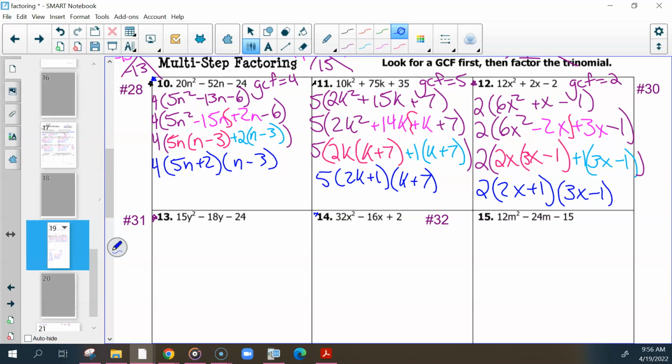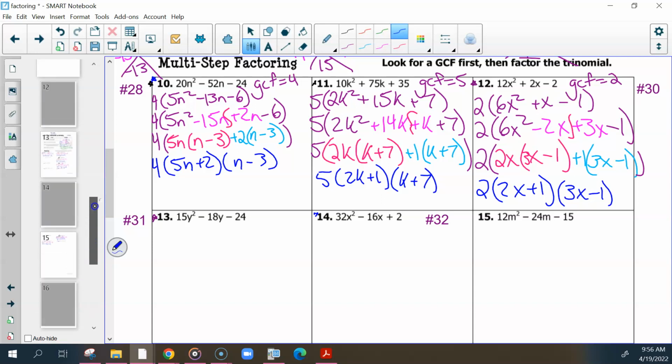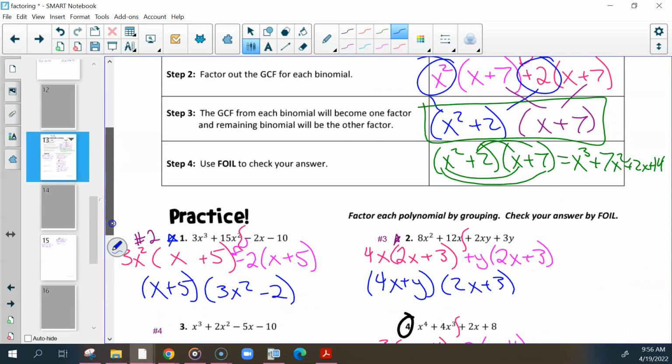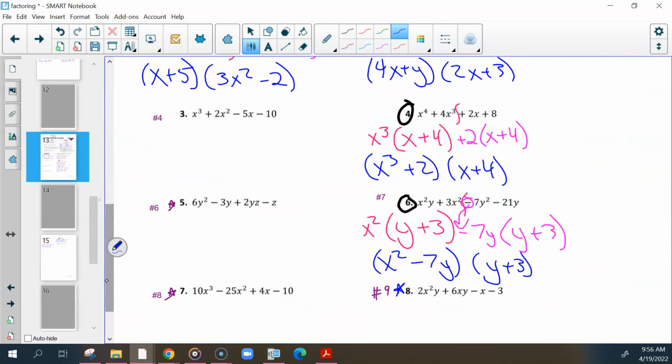I want you to circle these problems. These are going to be the ones that you're practicing next class. Starting with grouping, numbers 3, 5, and 12.